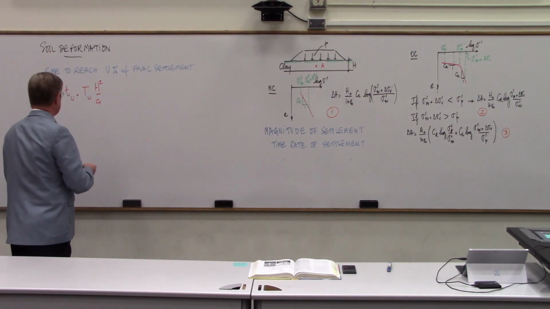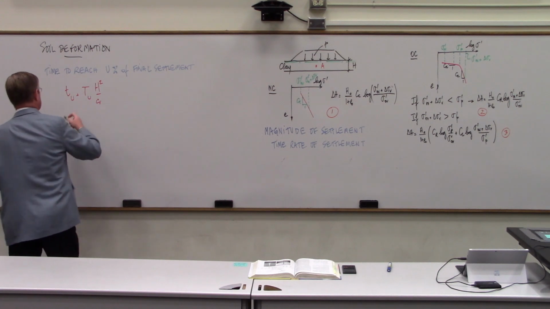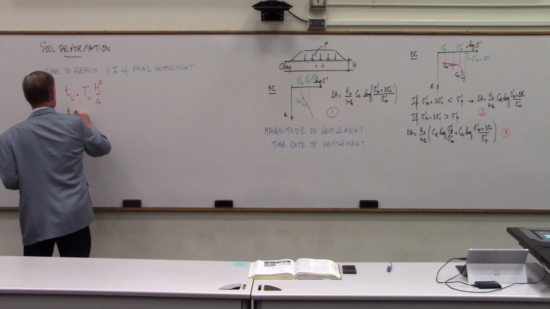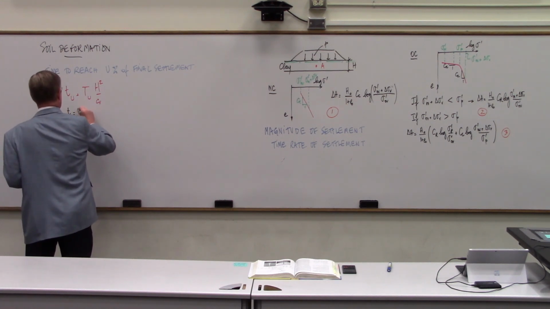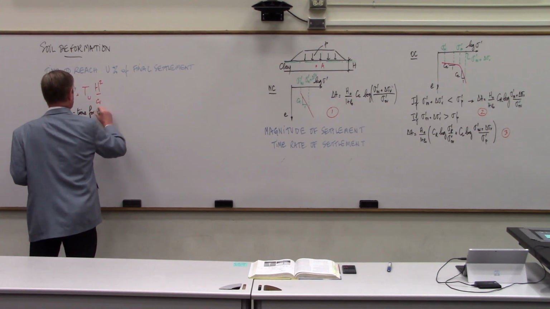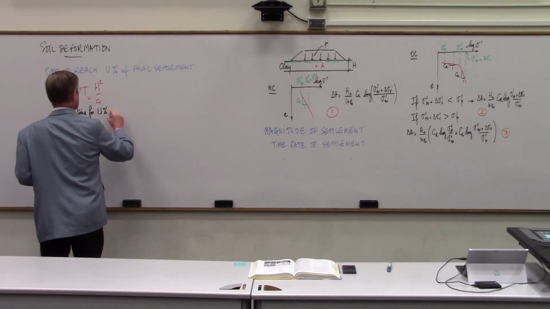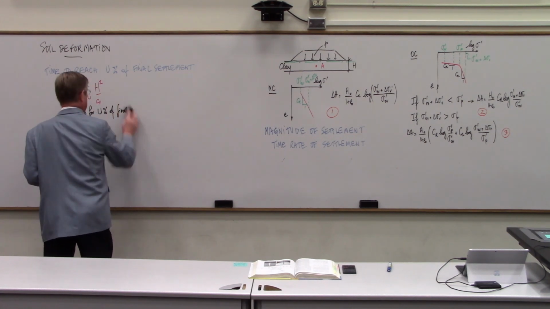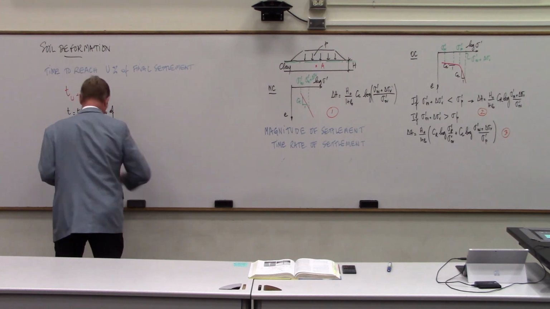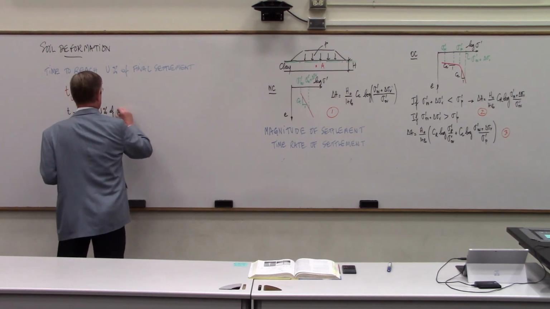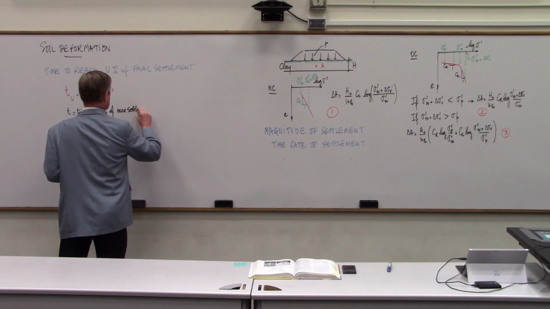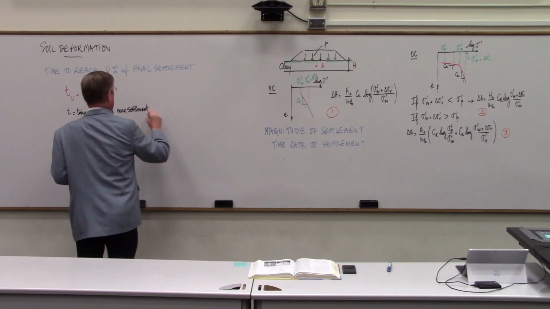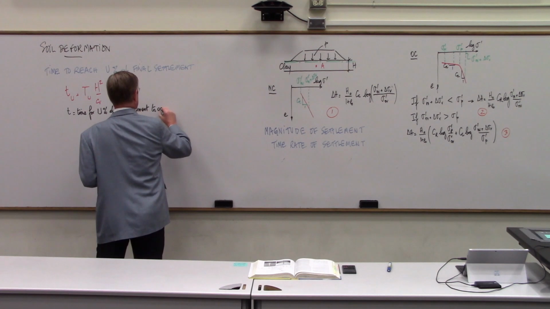Okay? And the parameters, so t is the time for U% of final settlement, or maximum settlement, let's call it maximum settlement, of maximum settlement to occur.